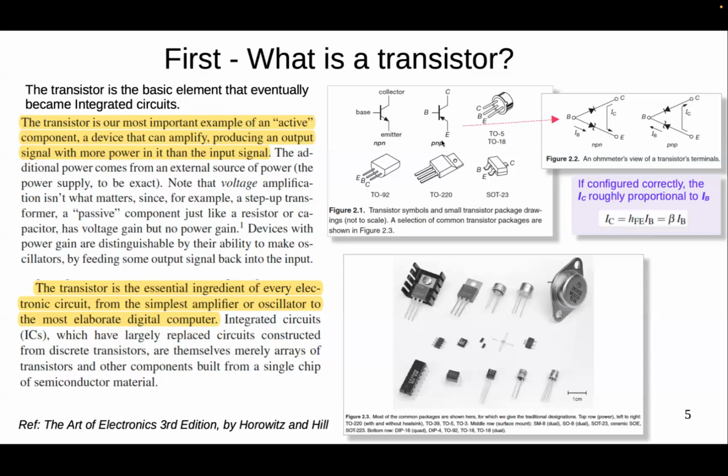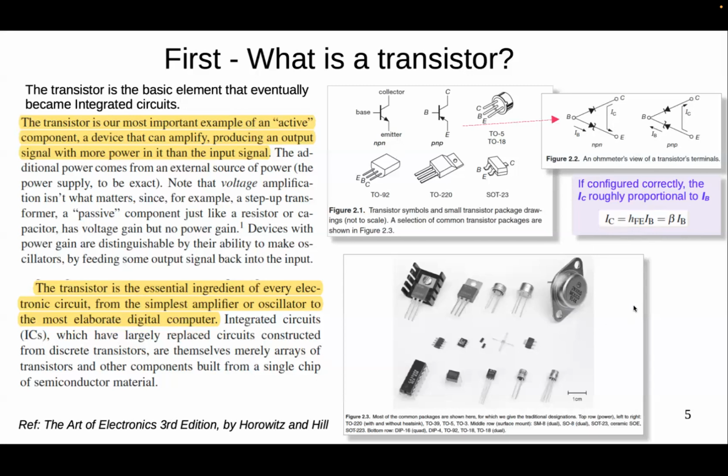Depending on how we configure these three terminals, we can have some gain of current from the base of the transistor. We will see some very basic configurations of the transistor to get a specific response.